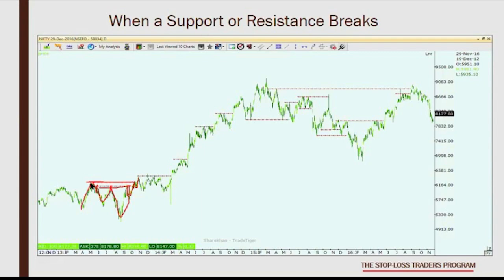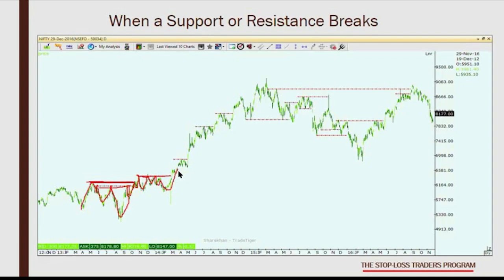No, that is not the case, right? Similarly, if there is a resistance from where price is dropping a couple of times, that doesn't mean that resistance is going to be very, very strong, and hence the price is breaking down so many times. It is not the case. This is a misconception, right?